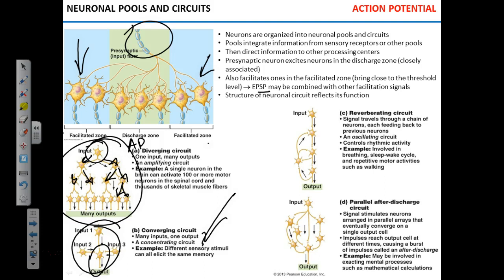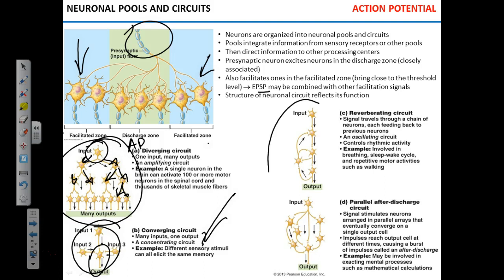But it's going to be multiple cells, so that allows amplifying the sensory signal. Or the example that I gave you, multiple rods transmit the signal to a single ganglion cell down the road, which allows you to see in the dark.